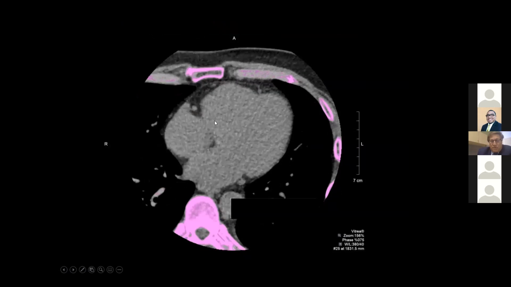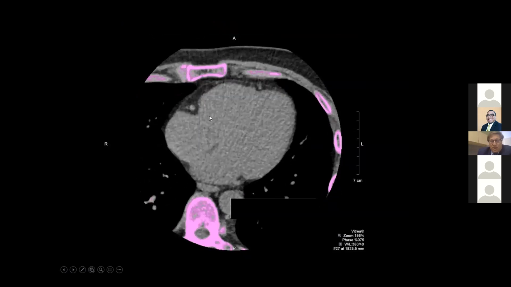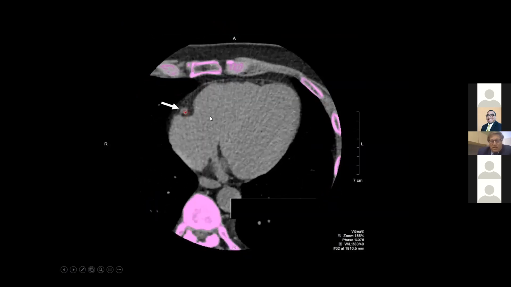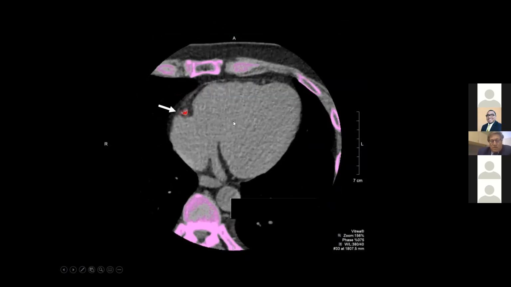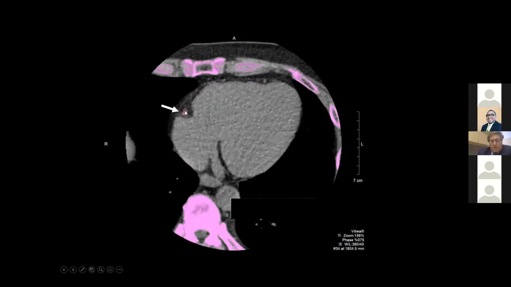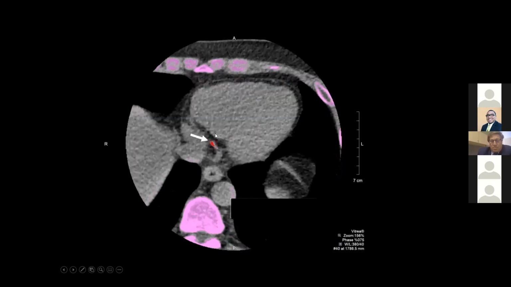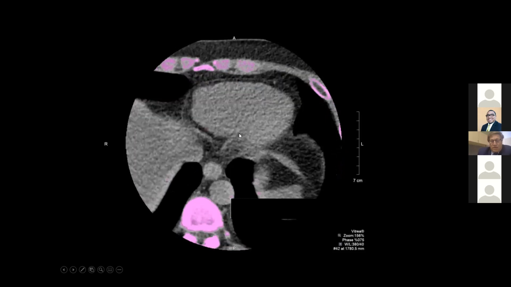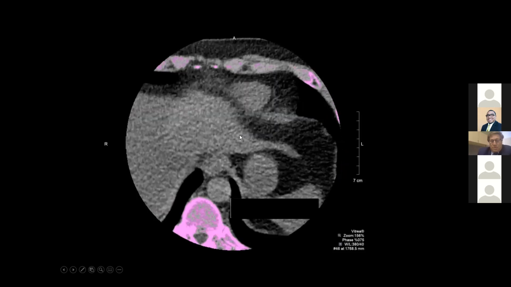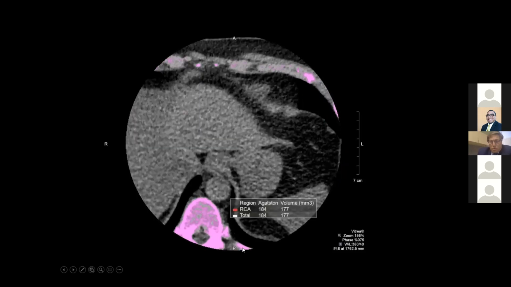And we come down further, and this is the right coronary artery, and we see that there's more calcium, and it quantitates it. More calcium in the right coronary artery, more here and here. And then ultimately, it gives us a score. So in this score, what we care about is the total. So the total Agatston score is 184.